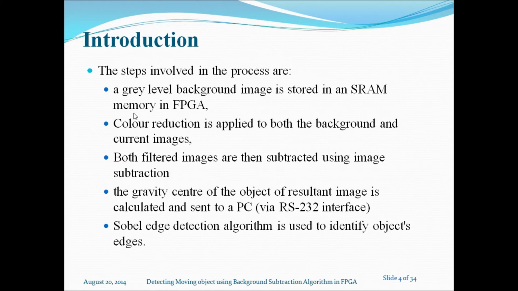This means we convert the color image into gray images. The resultant images are then subtracted using image subtraction. Then we compute the object gravity center and send it to the PC to plot a graph. In the end, we perform an edge detection algorithm using the Sobel edge operator. This will help us to identify the object edge.